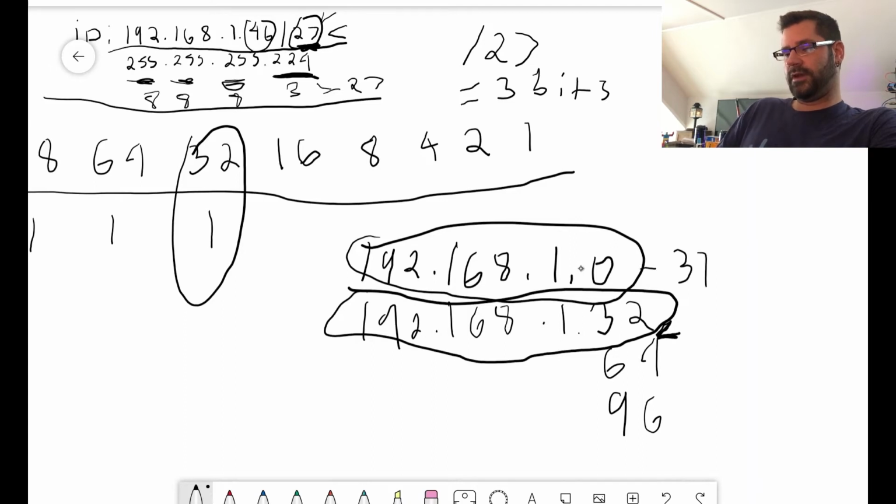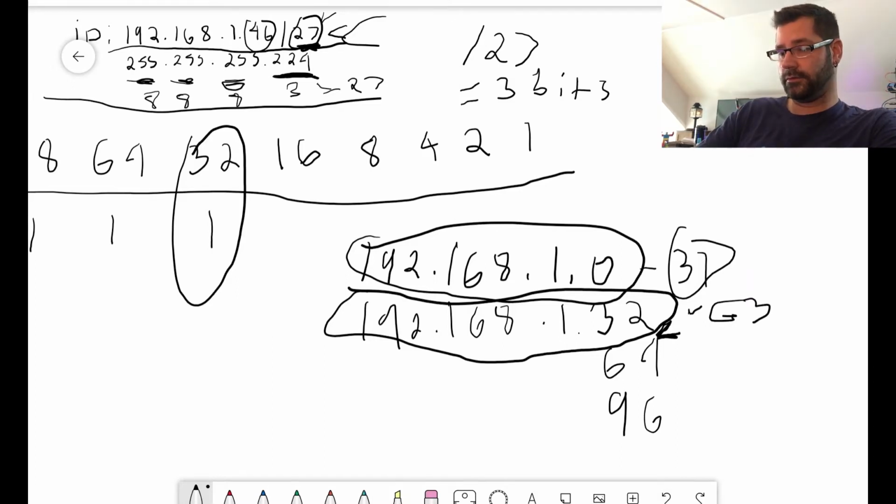So for this first network, the .0 would be the network ID, and the .31 would be the broadcast. The next network, which is the network we're looking at up here, is 192.168.1.32 /27, and since the next network starts at 64, it would be 32 through 63.